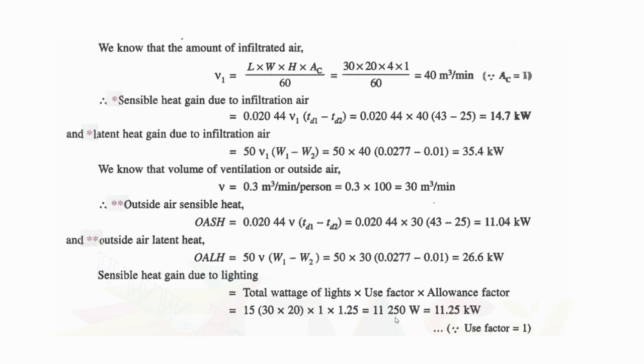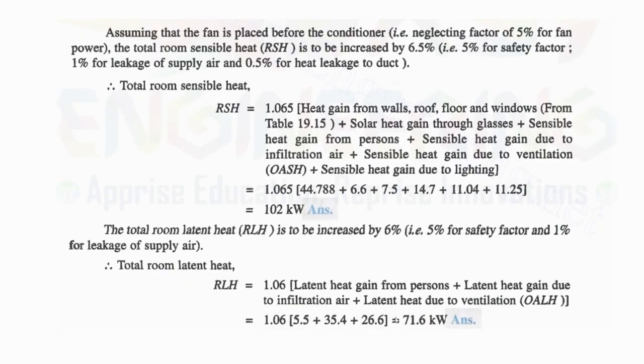The use factor is generally how much time in a day we are using that light or component. It ranges from 0 to 1. 1 indicates complete use, so we will take 1. Assuming that the fan is placed before the conditioner, there is a negligible factor of 5% for the power.